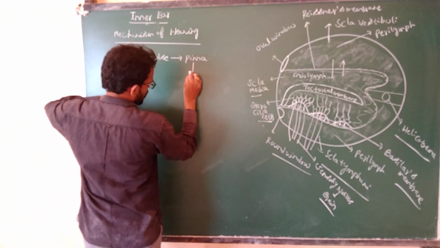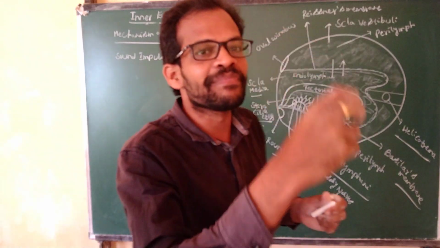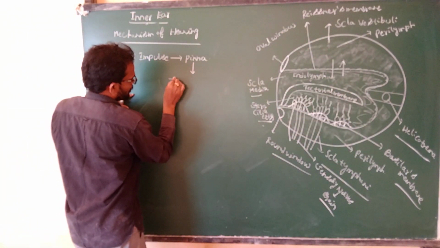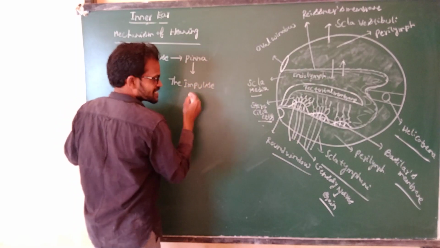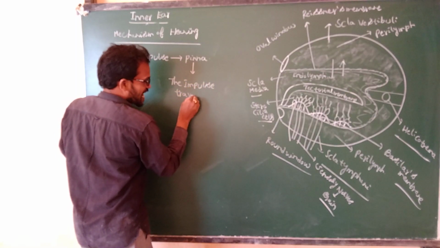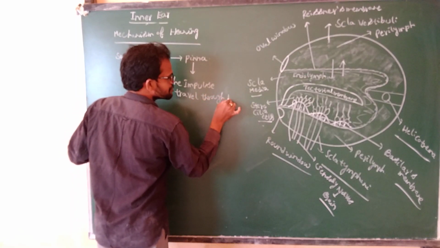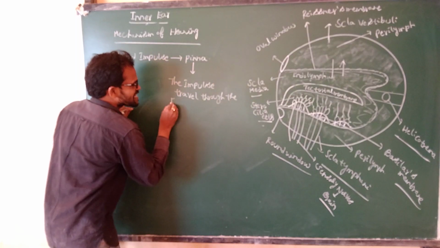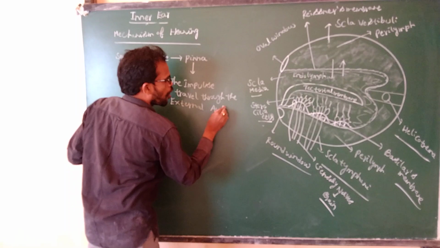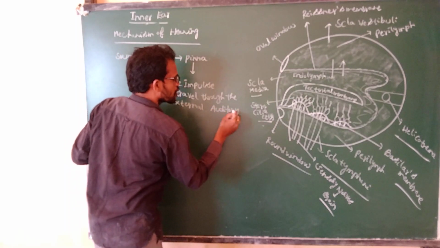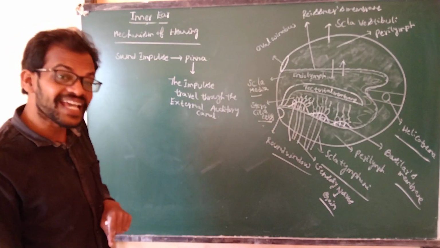The impulse then travels through the external auditory meatus, the external auditory canal.